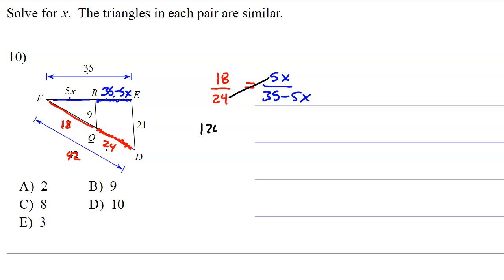I got 120x equals, well, that's 350 minus 70, so that's going to be 280. Subtract 50 and 40, that's 90x. Add the 90x to both sides. Let me make sure I did this right.